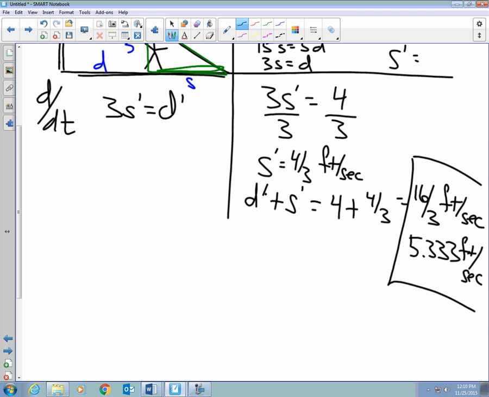Kind of a nice little trick, huh? You see how the AP exam could give you two answers. It could give you 4 thirds and 16 thirds. If you come up with 4 thirds, you see the answer there, and it ain't 4 thirds.